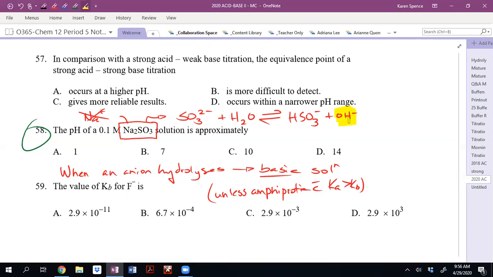So now that we know it's basic, we can rule out pH of 1 and pH of 7. Now our choices are 10 or 14. This is a weak base. It is not one of those two at the bottom of the table. If it is a weak base, the concentration of OH minus is going to be less than that original concentration, 0.1 molar.